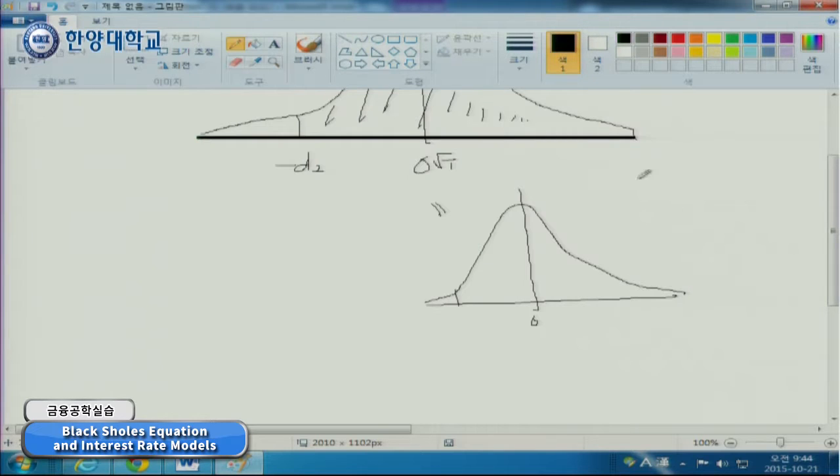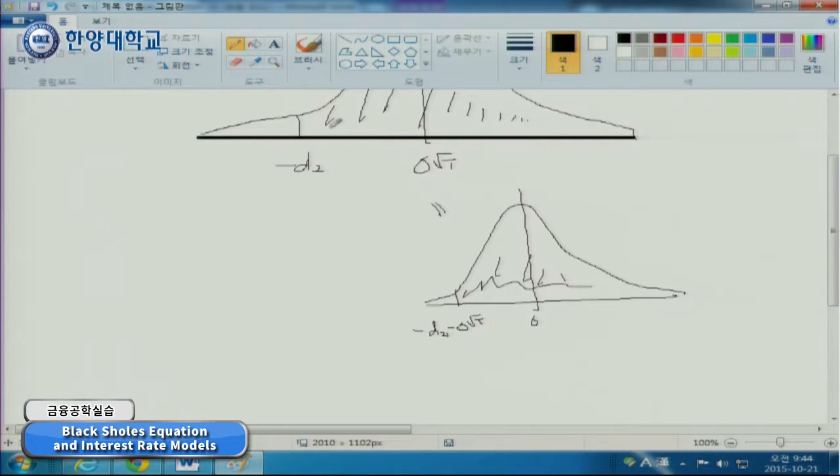Anyway, yeah. So we can shift this one, make the center 0, then it is minus d2 minus sigma root t, right? And this is the same as this one. Now it is a standard normal distribution, where the size of this one is very easy. This entire term is 1, and we can substitute this one.